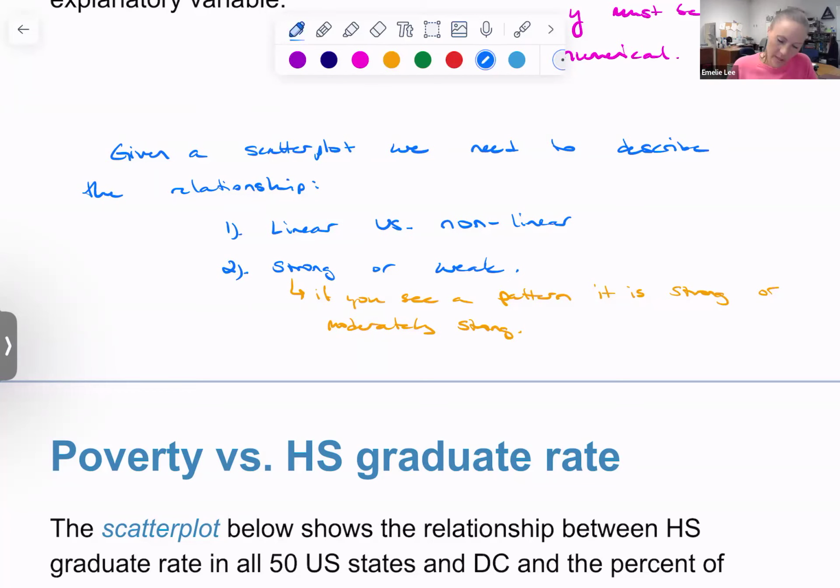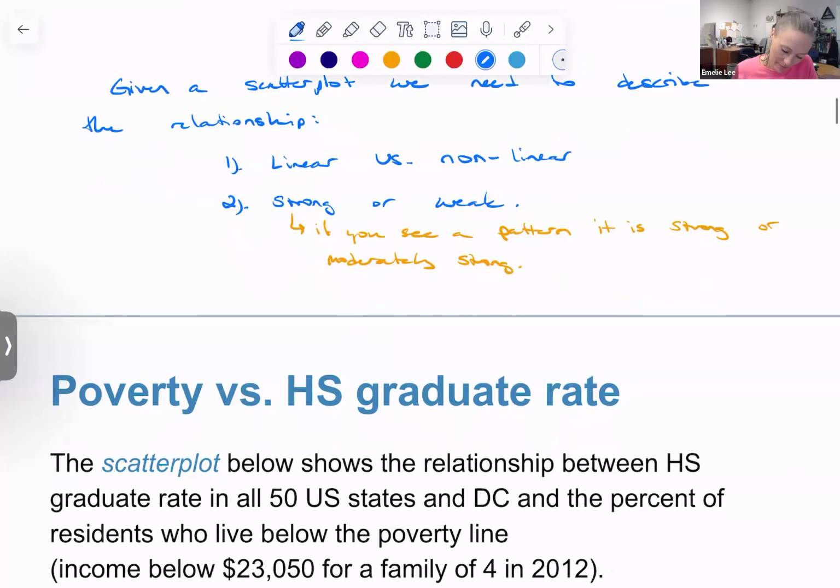And what's that referring to? Right? If you just have a cloud of data, then it really doesn't matter what value of X you put in. The prediction for your Y is going to be weak, right? And so that's where that's all coming from.